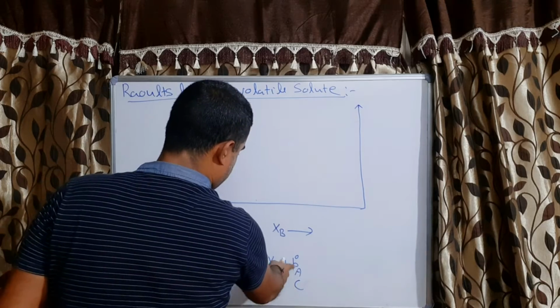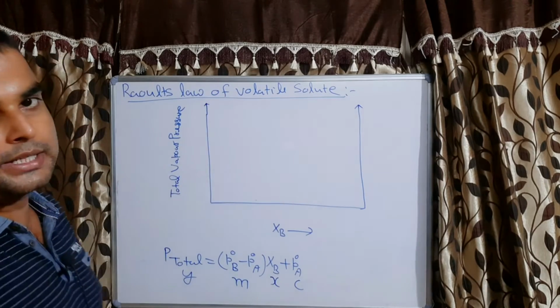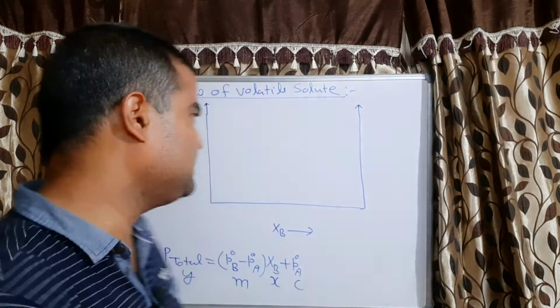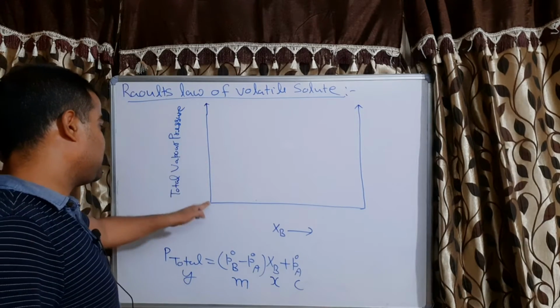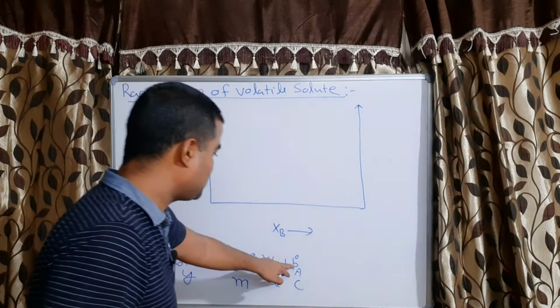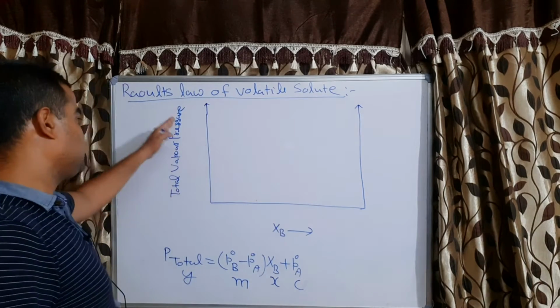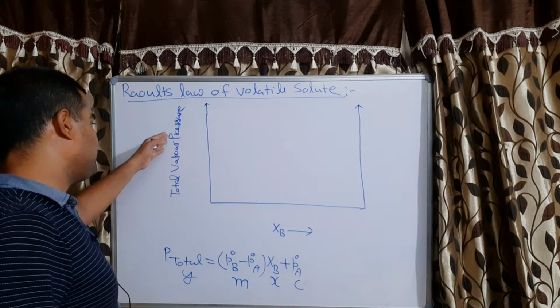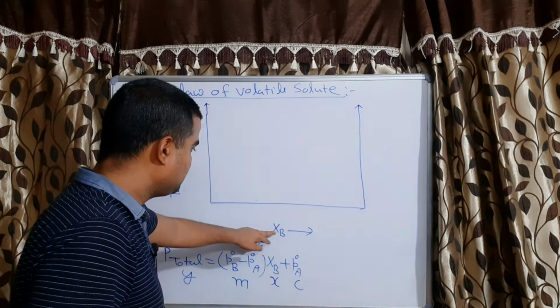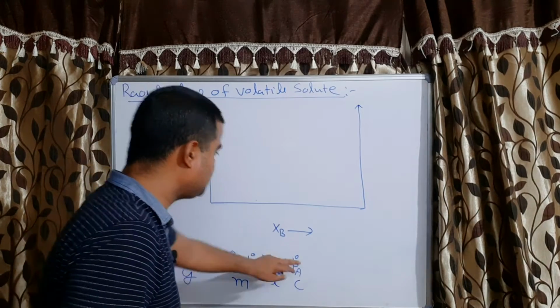And this is the intercept, P naught A. What is the meaning of intercept? Intercept means the value on the y-axis at the beginning point is equal to this. Means the total vapor pressure will change with XB from this point.